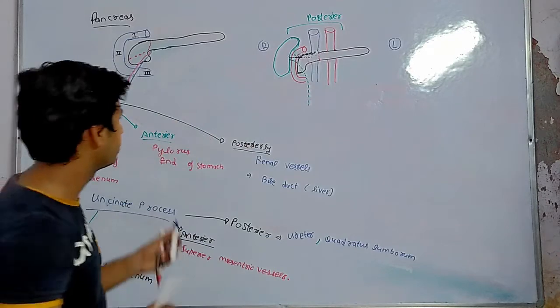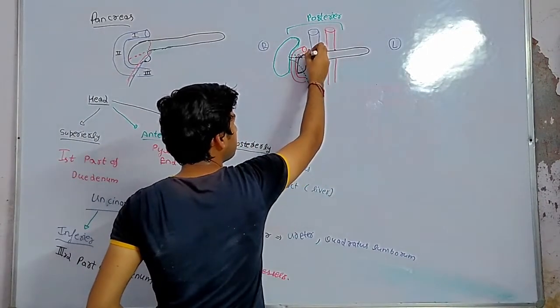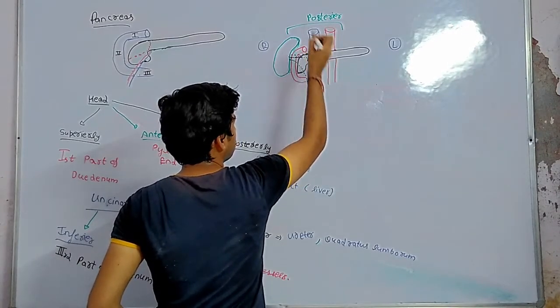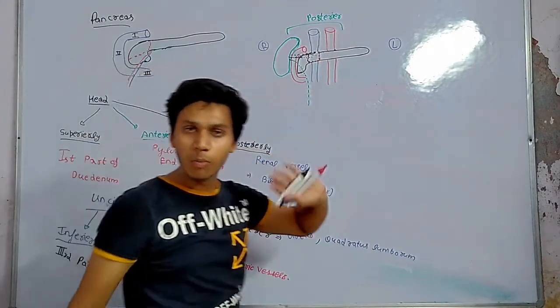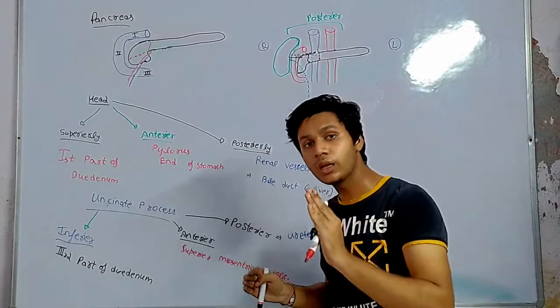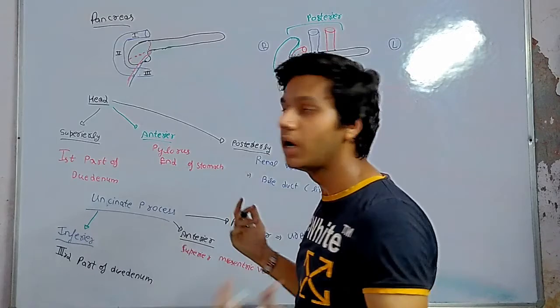Now come to the neck. This portion is the neck. Remember, posterior to the neck, an important thing: the superior mesenteric vein and splenic vein join in the formation of the portal vein, at the site of the transpyloric plane.